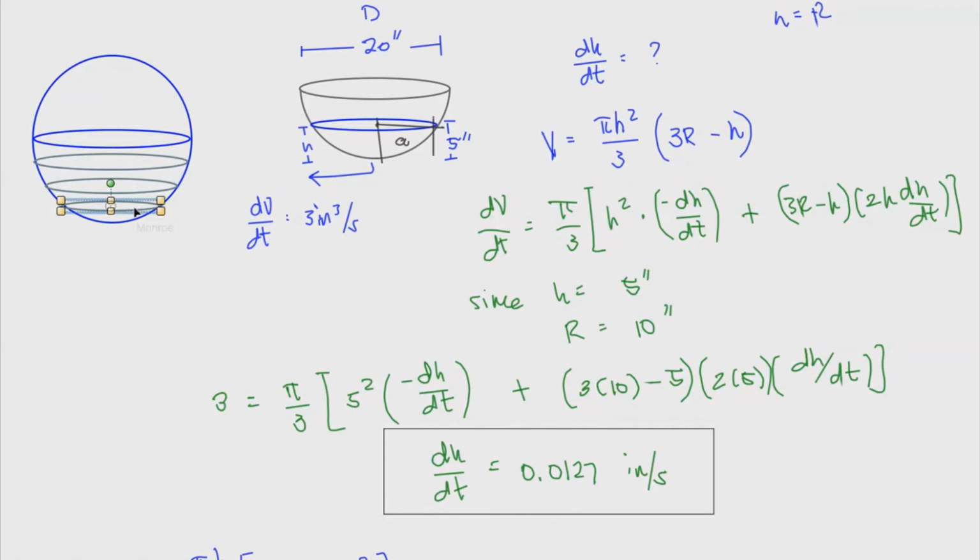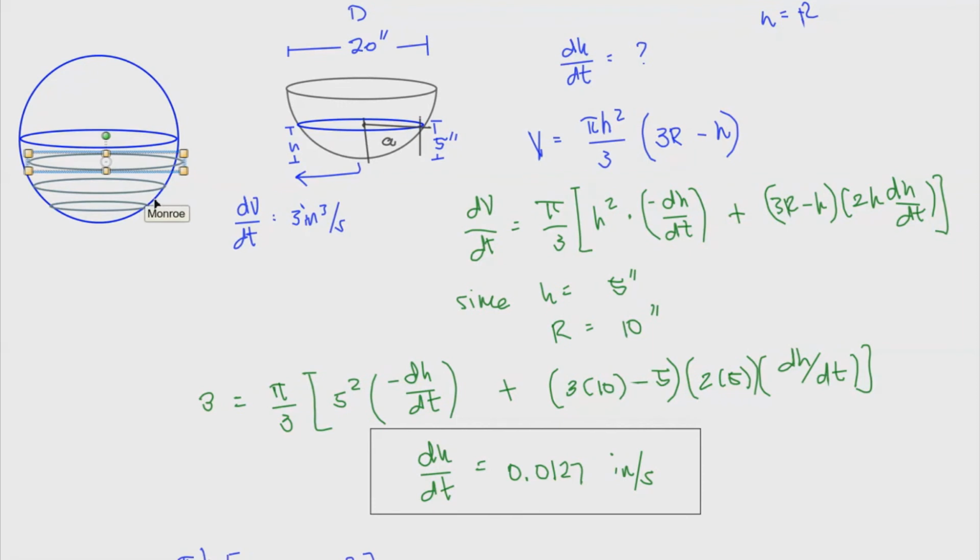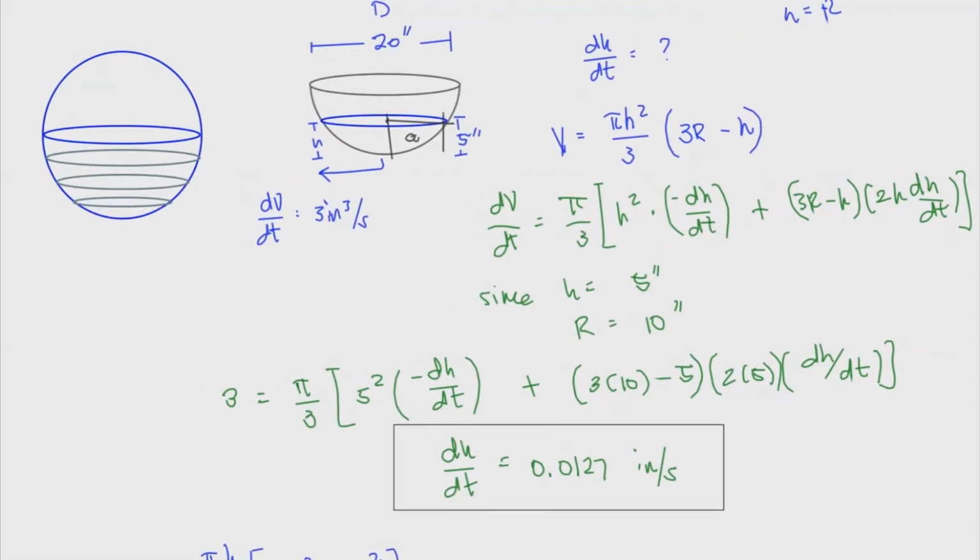So, ano ba yung relationship na pwede nating makuha dito with regard dun sa ating height? Now, we know very well that this is the radius of our hemisphere. We know that this is R. Okay?